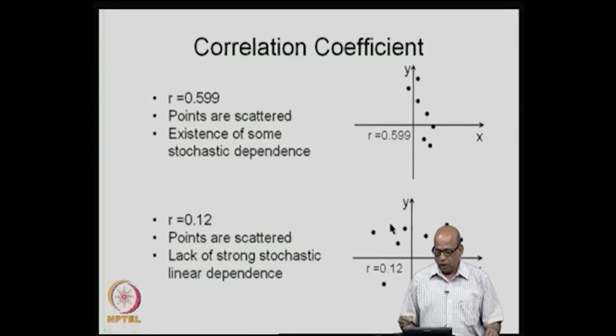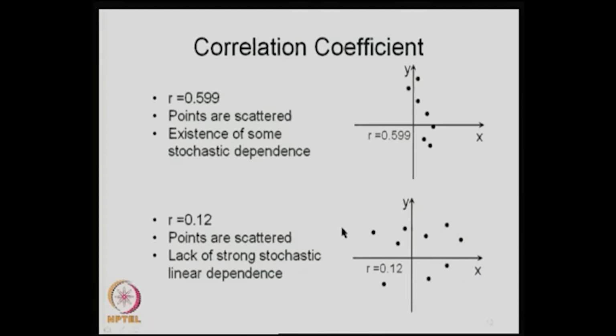And if you take such a scatter here and calculate the correlation coefficient, you may get a much lower correlation coefficient corresponding to this. Points are scattered to a greater extent than they were here, and therefore there is a smaller correlation coefficient. If you try to fit a straight line, you may get a better fit for this than for this type of scatter, and therefore the correlation coefficient is much lower compared to the one here.